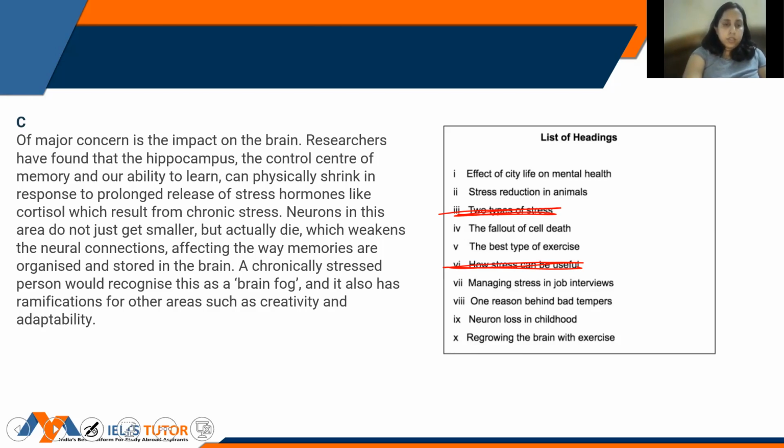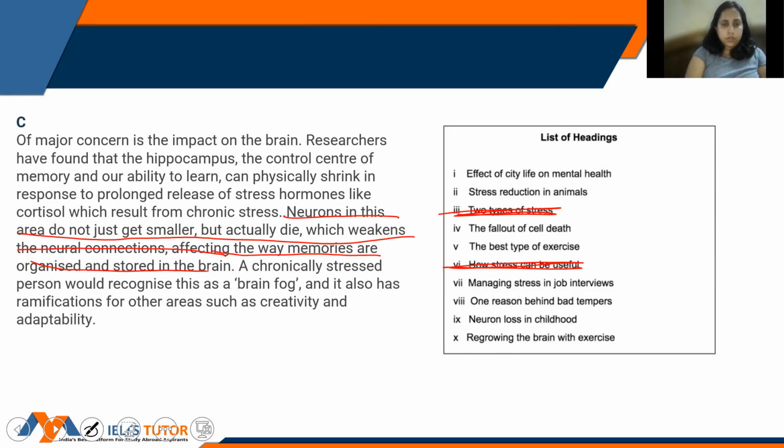The fallout of cell death, maybe. Yes, okay, ma'am. So why did you think that it is neuron loss in childhood? Because, ma'am, it has explained neurons in this area do not just get smaller but actually die, which weakens the neural connection, affecting the way memories are organized and stored in the brain.